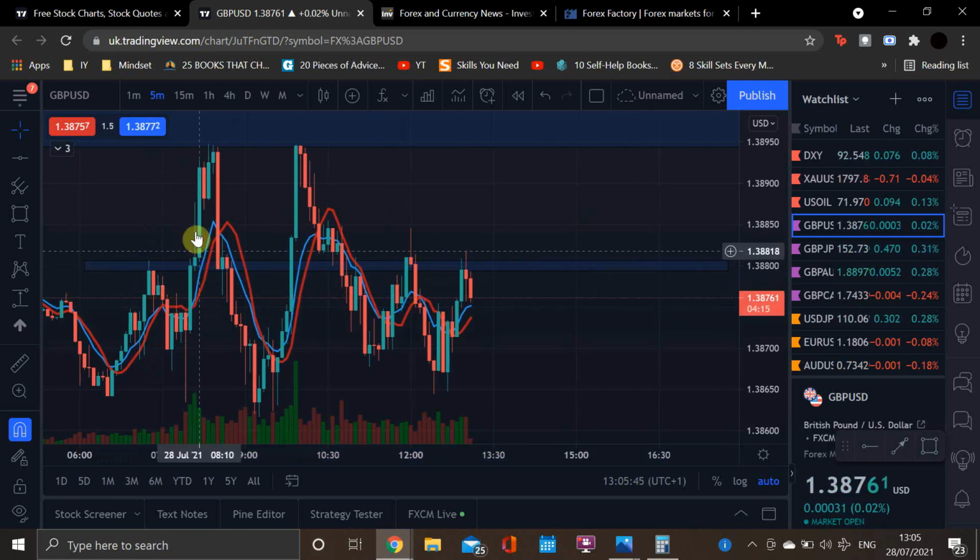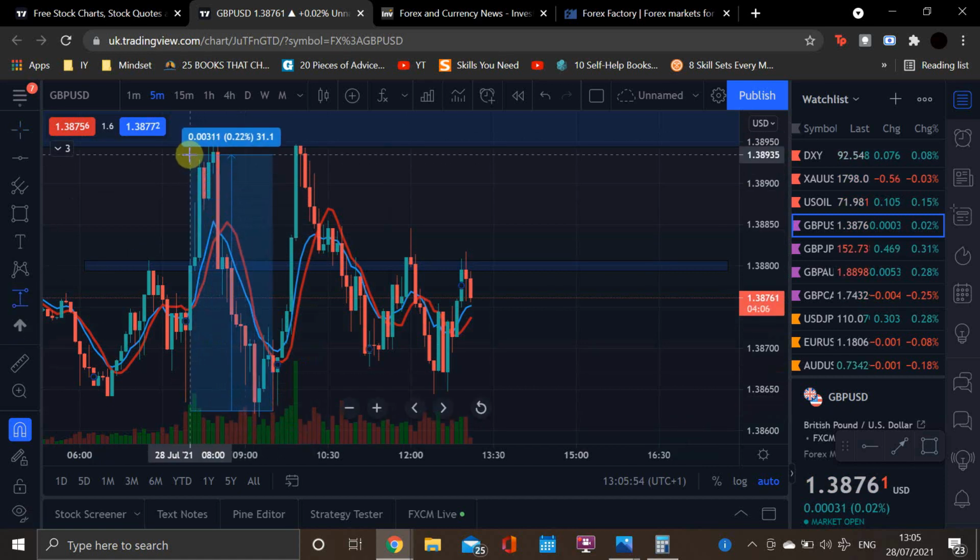One broke out on there, came down. There's a lot of strong selling pressure. I think this must be a lot of pips. Yeah, it's like 30 pips between.